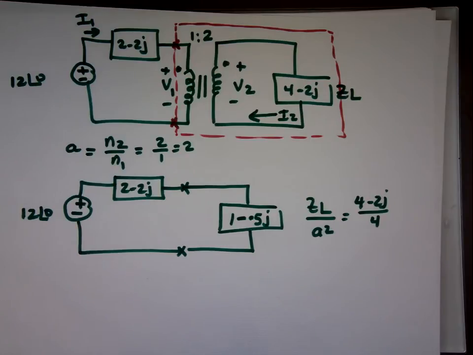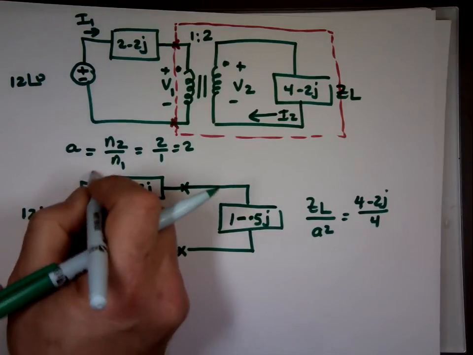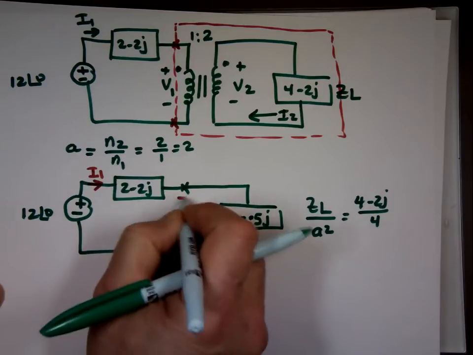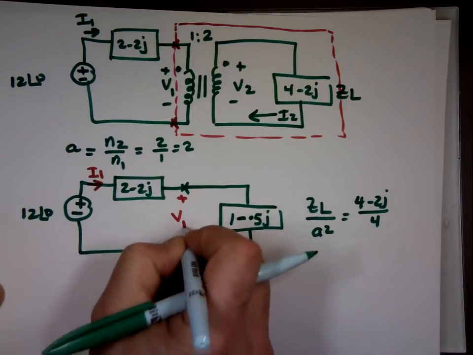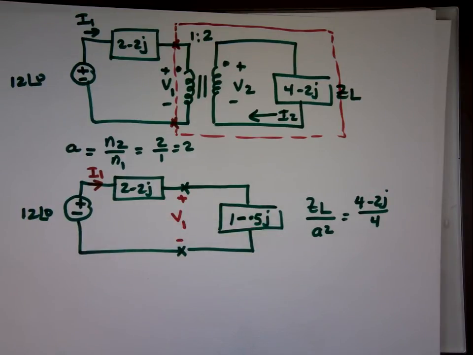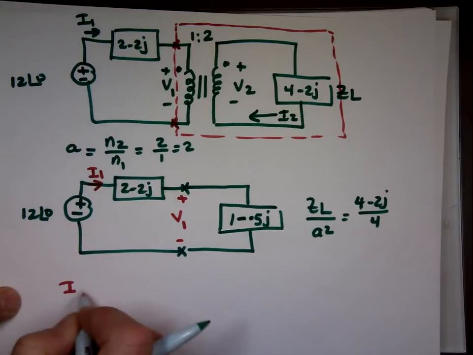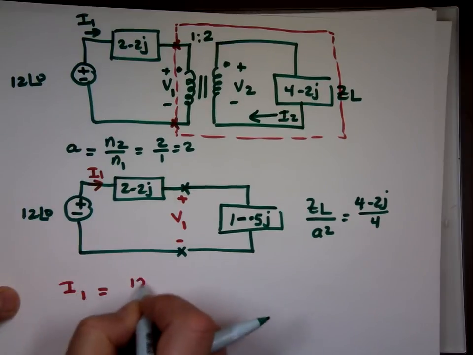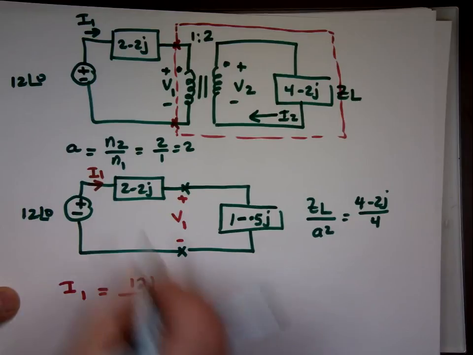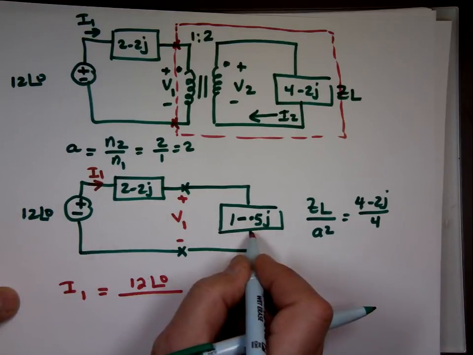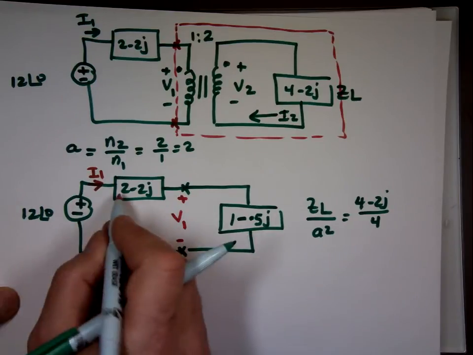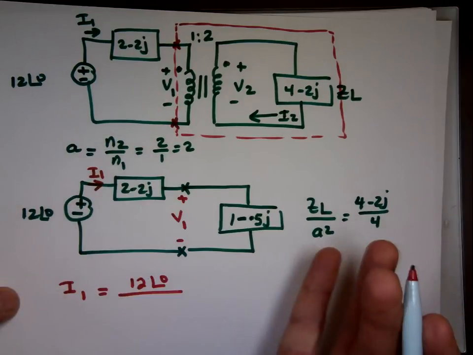And this is your I sub 1. And this voltage here is V1. Since the question is, what is I sub 1? I can use Ohm's law. I sub 1 is 12 angle 0 over the sum of these, because I can combine these guys into 1.